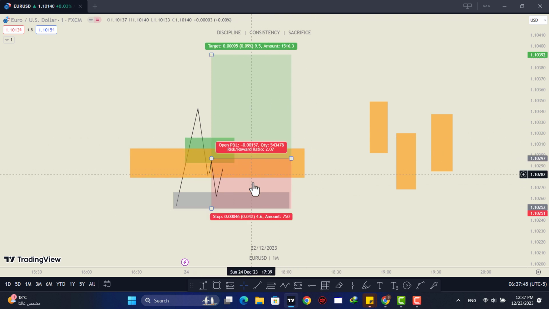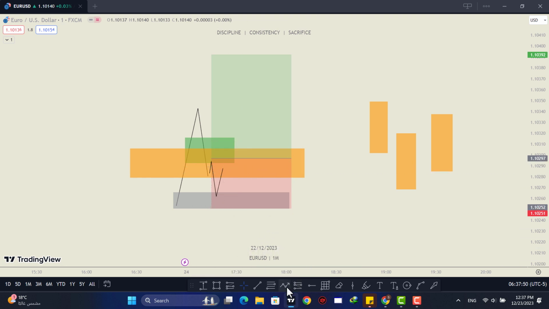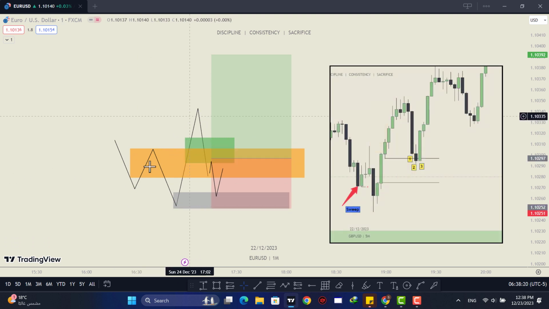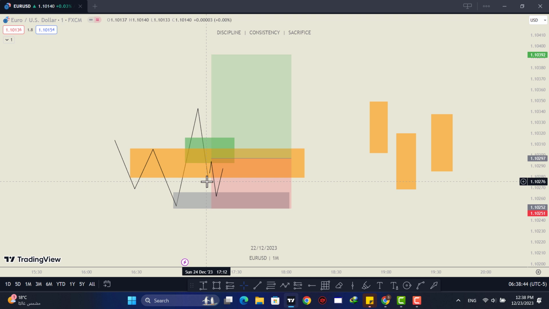Now, this setup right here, you can make it even higher probability. How? You wait for something like this. As you can see, we have a short-term low to the left. Price swept that short-term low and immediately rejected with a break of structure. On here, you need to wait for that swing formation to form. And when that swing formed, this will become an intermediate term low, and this will become a short-term low.